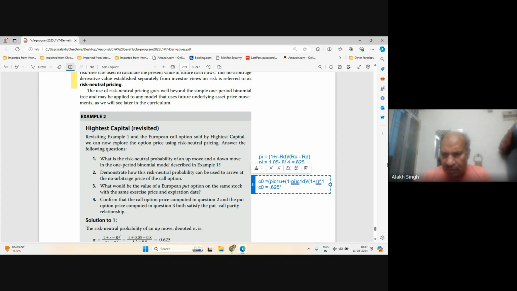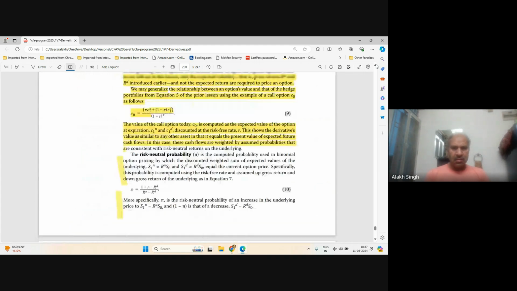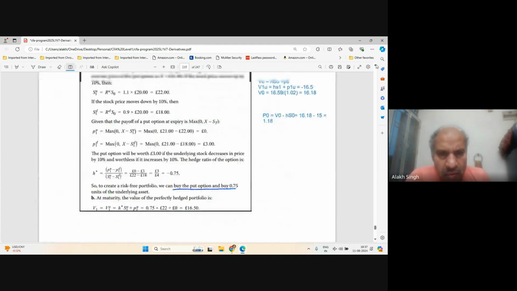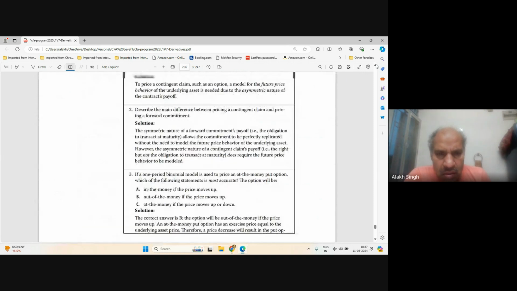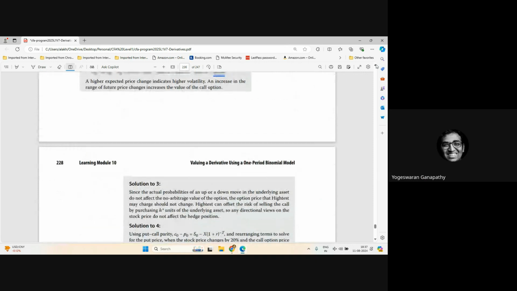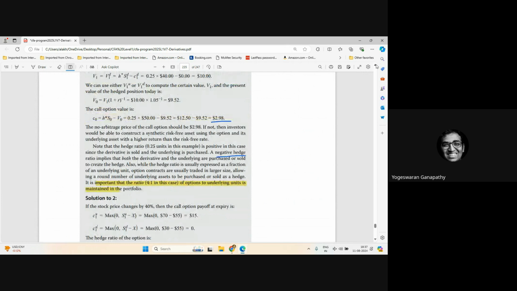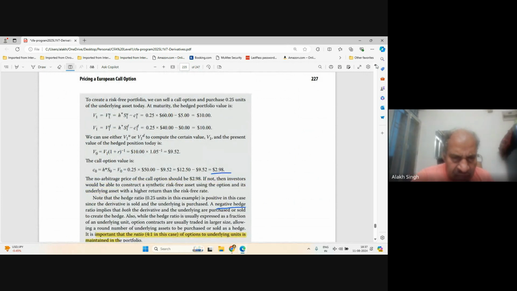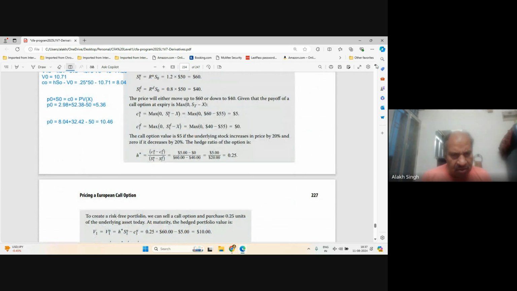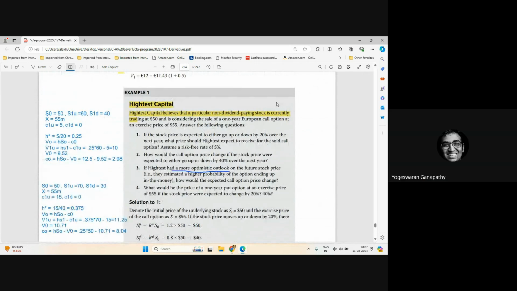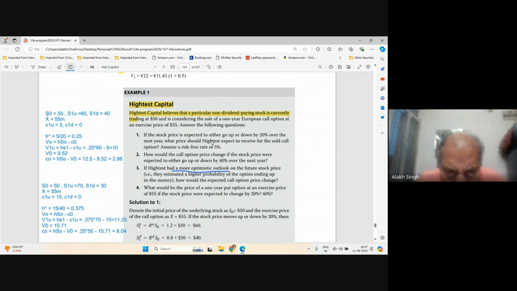Let's go and see what the exercise price was. The C1 was 5, sir. Yes, it was only 5. It is a European call option with an exercise price of 55.